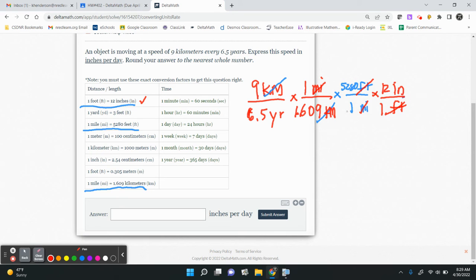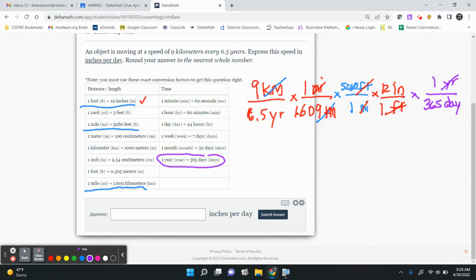So now I need to get my years into days. So let's see what I've got here. 1 year is 365 days. So I can put year here and days there because that's what I wanted. And 1 year is 365 days.